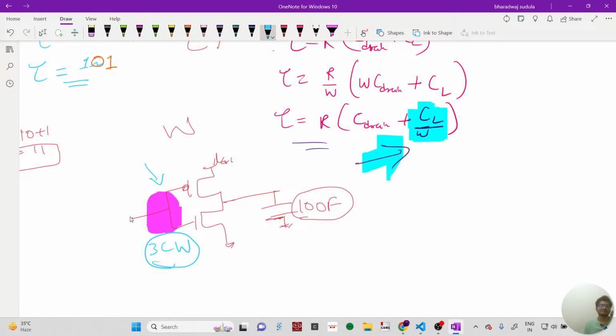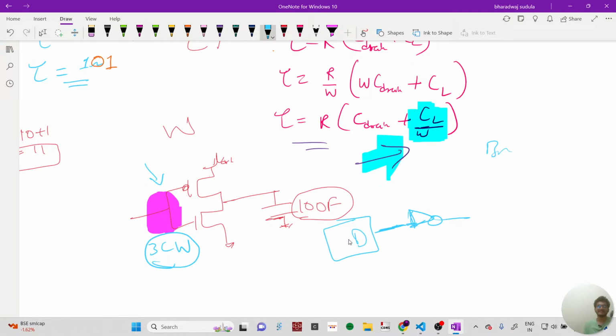If you consider the overall picture of an IC, you don't have only a single inverter. You have billions of gates, millions of gates. So this inverter must be fed from other logic gates, right?